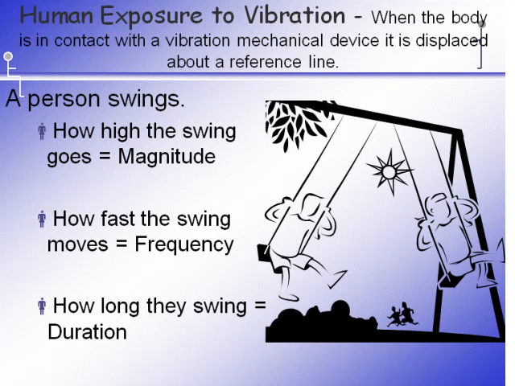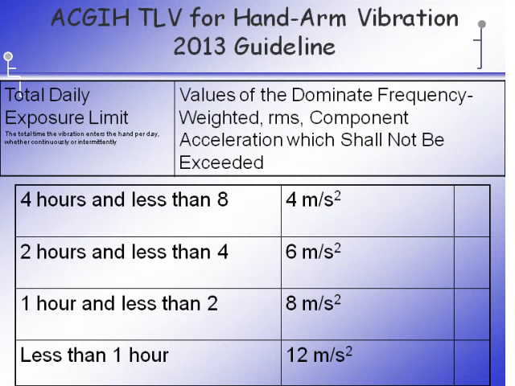The frequency would be how fast the vibration is going, whether it's a high frequency or a low frequency. And the duration would be how long a person is actually swinging.